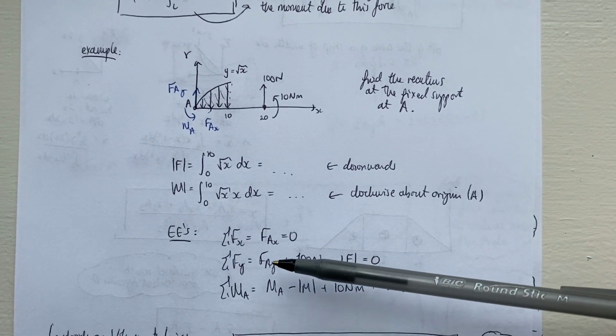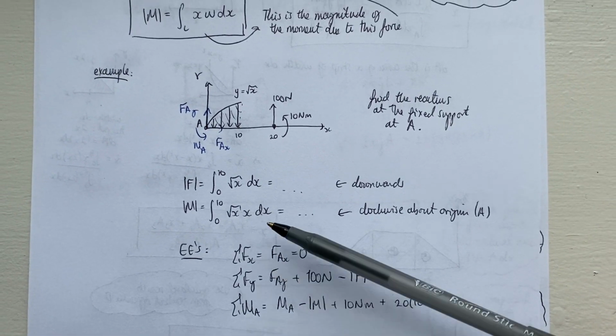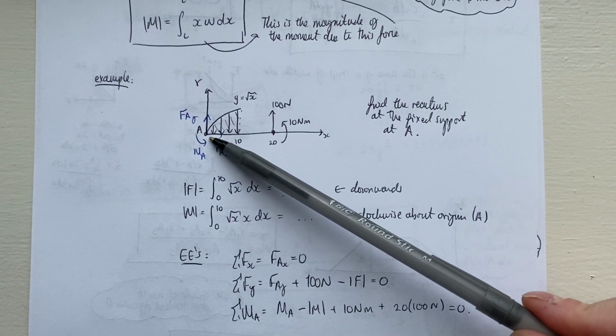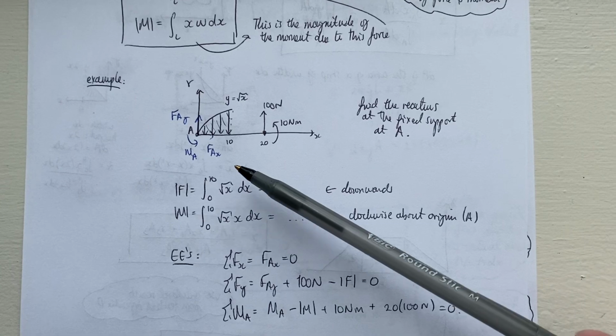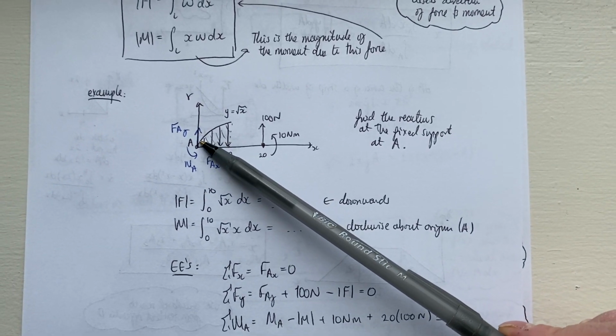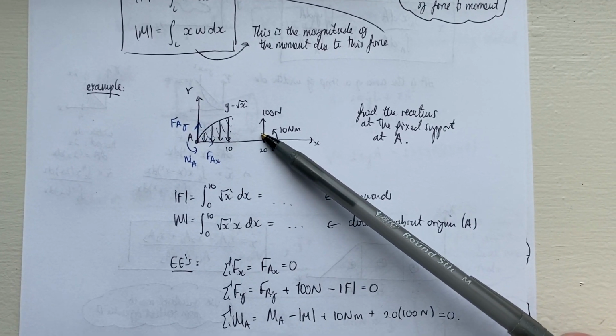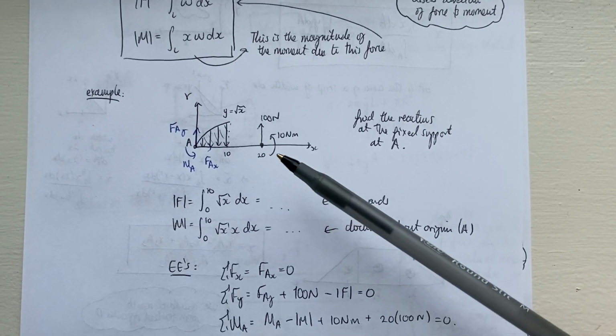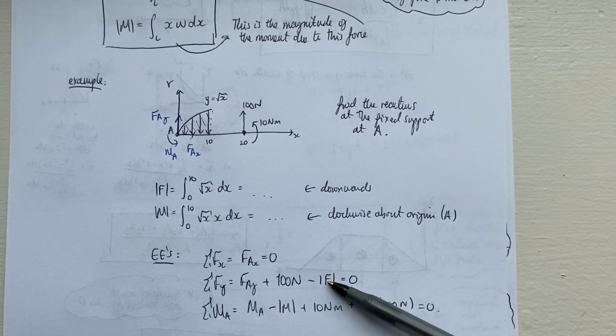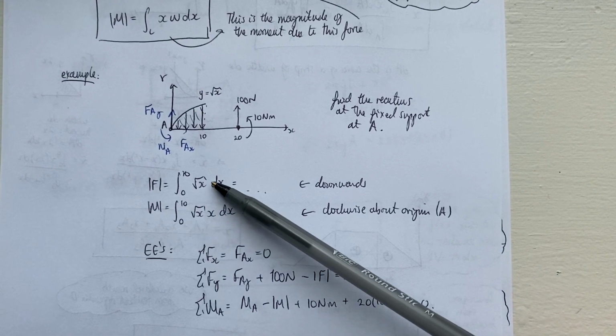So in this example here, I've summed forces in the x direction. I just have FAX, so that's 0. In the y direction, I have FAY. I have this 100 Newton force, which is positive, and then I have the magnitude of the F in the negative direction, which I've calculated here.